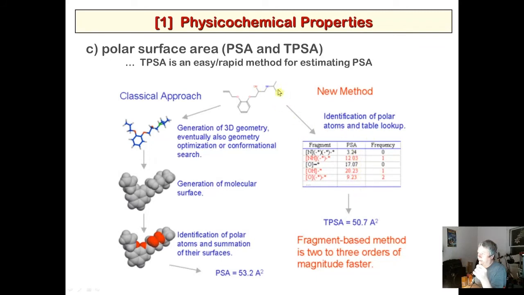This is a very simple automated process that gives you almost the same number, essentially instantly. So 53 versus around 51 — this is a much more ideal method. Generally speaking, TPSA gives us what we want, so we'll use TPSA in our measurements. Molinspiration, the website we'll use, does TPSA calculations very rapidly.